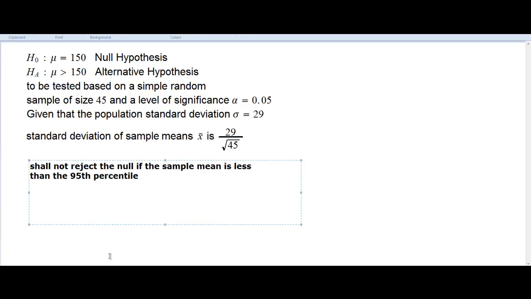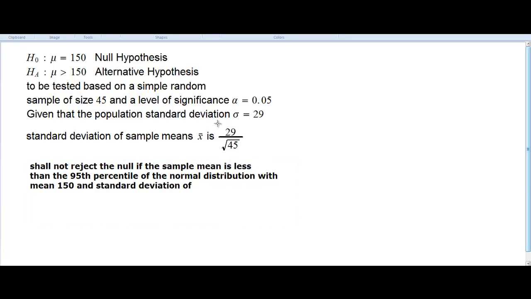So 95% of the area is on the left side of the normal distribution with mean 150 units and standard deviation, as we just saw by central limit theorem, 29 over the square root of 45, right? Okay, so that's what our rule will be.